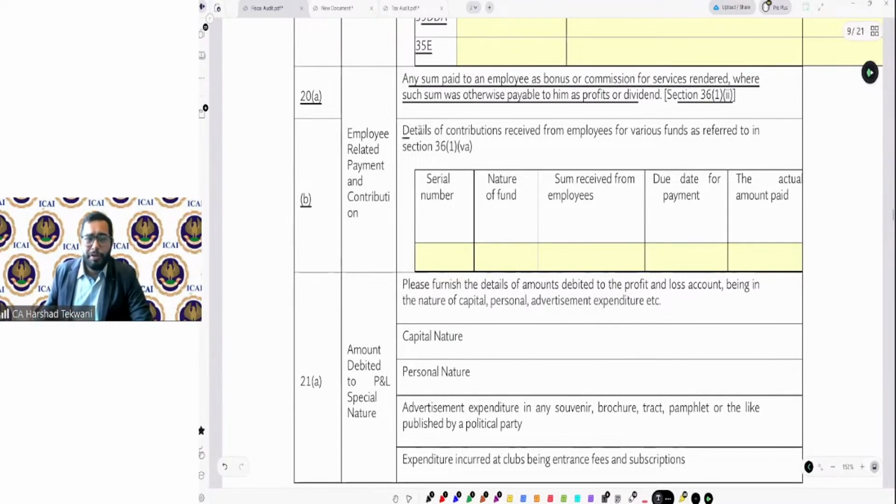Now 20B talks about details of contribution received from employees for various funds as referred in 36(1)(va). Now 36(1)(va) basically talks about the contribution to various funds. So if any amount has been received from any of the employees with respect to the contribution to the funds, then that amount will be reported over here.